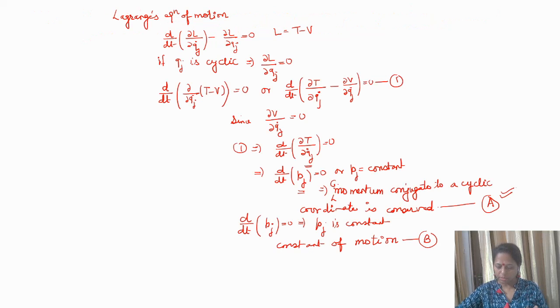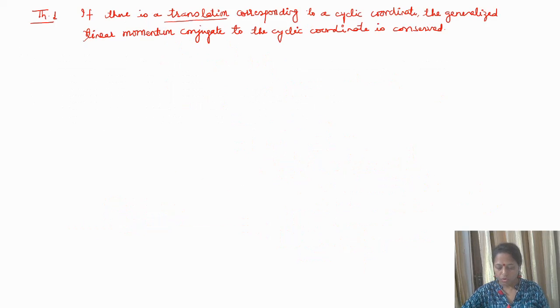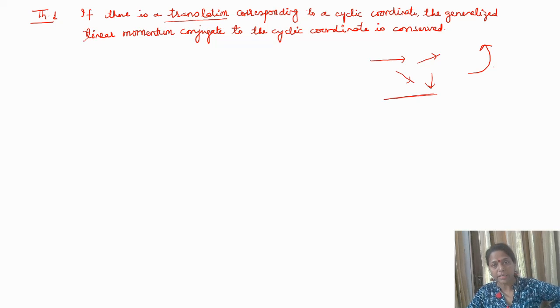In this case, in the previous example, this is the translation when your body is moving linearly, like this, like this, or like this. But if the body is moving like this under the influence of some forces, then this is called rotation. So there may be two types of motion. In the first theorem, we are talking about translation, that means simple linear, rectilinear type of motion.